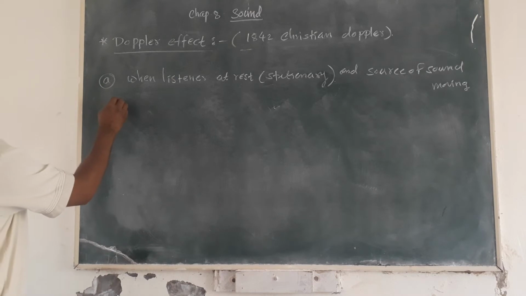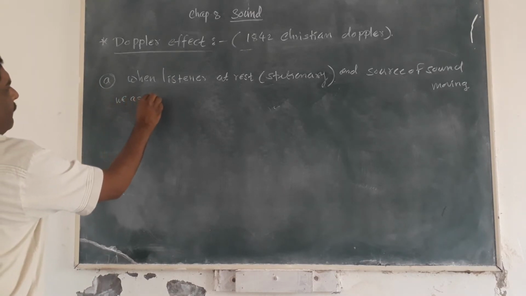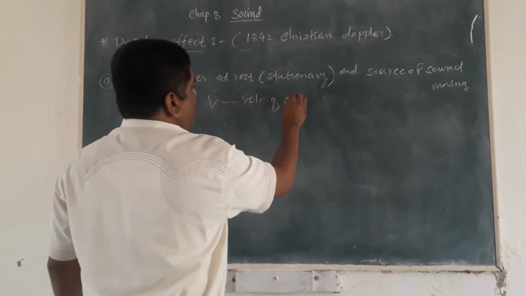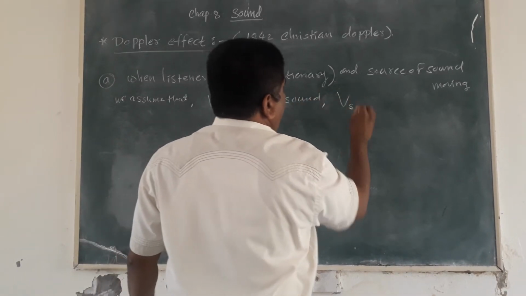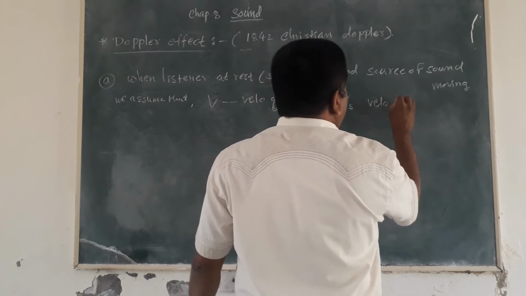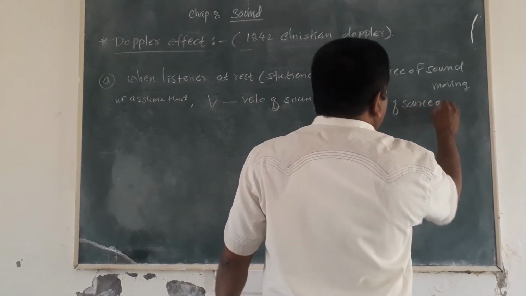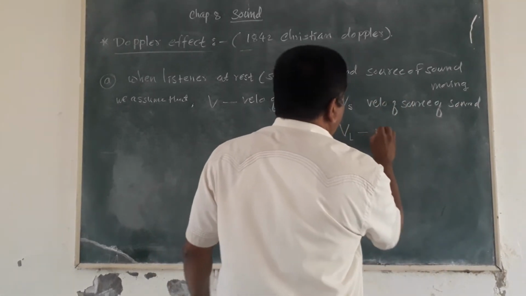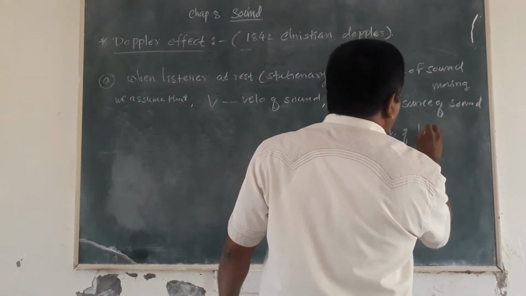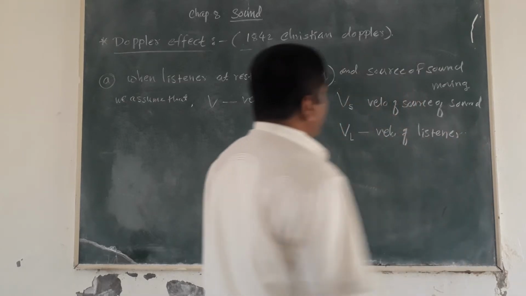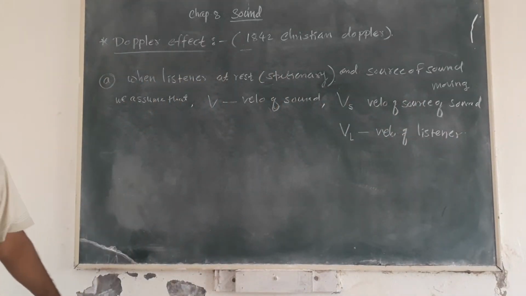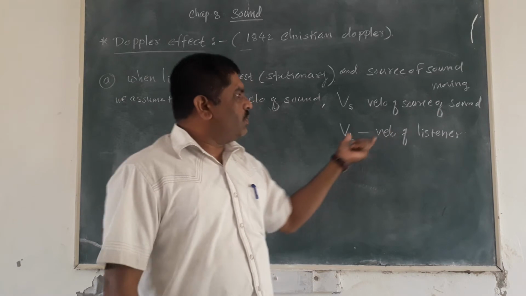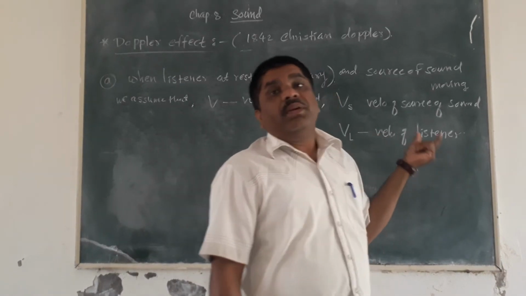Now, we assume that v is the velocity of sound, Vs is the velocity of source of sound, and Vl is the velocity of listener.